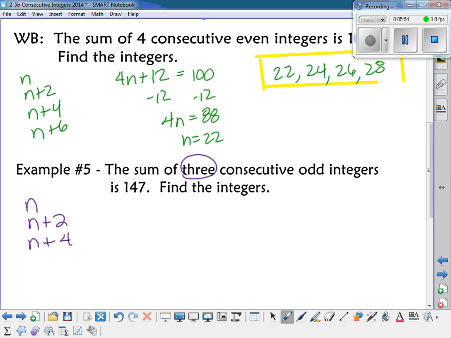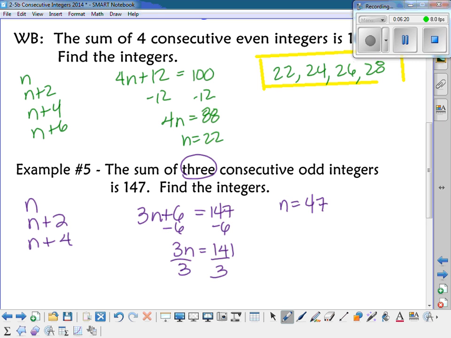When I add those together, I get 3n plus 6, and that has to equal 147. I subtract 6 from both sides, and I get that 3n is equal to 141. Then I divide by 3, and n is equal to 47.